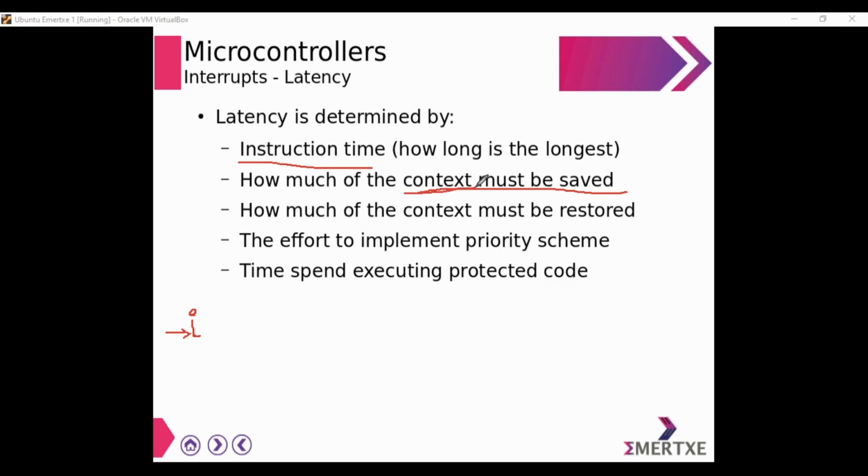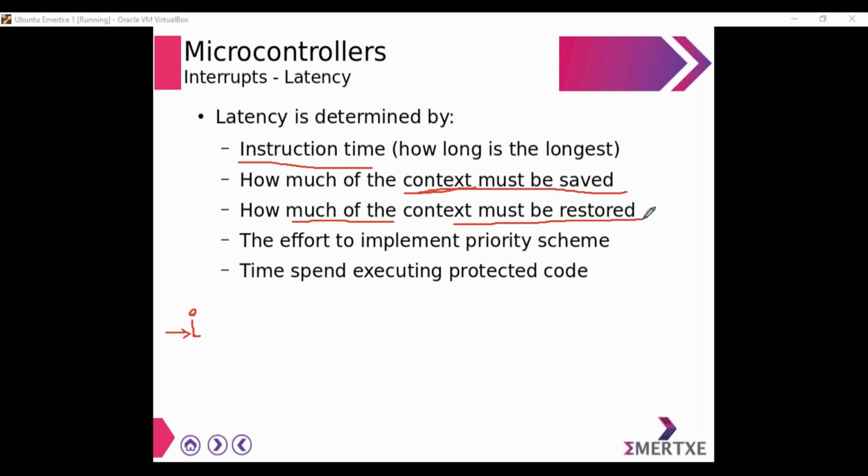Then it also depends on how much content must be restored. There is a certain amount of data which needs to be restored for every ISR's execution, so it also depends on how much content needs to be restored whenever an interrupt has to be taken care of.